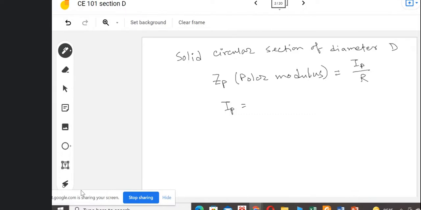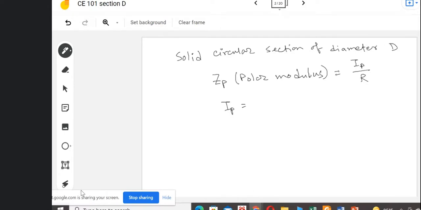You can say with respect to radius, if you remember that part. What is the polar moment of inertia of a circular section if the radius is R? Sir, pi r to the power 4 by 2, right? Yes. So just change radius into diameter.